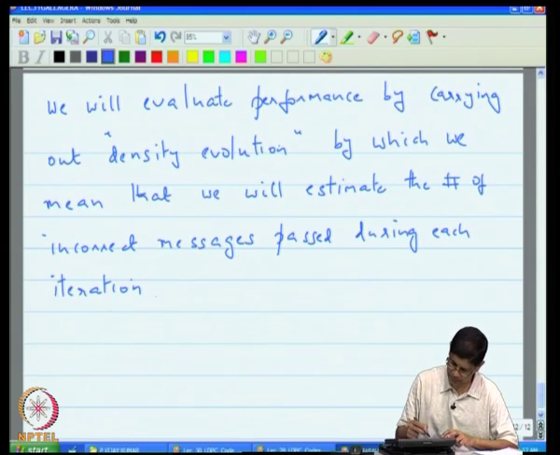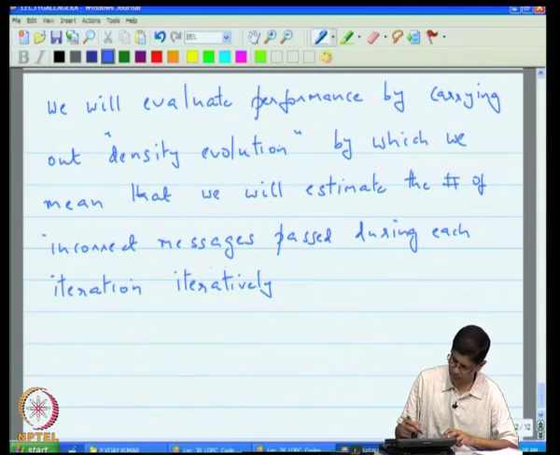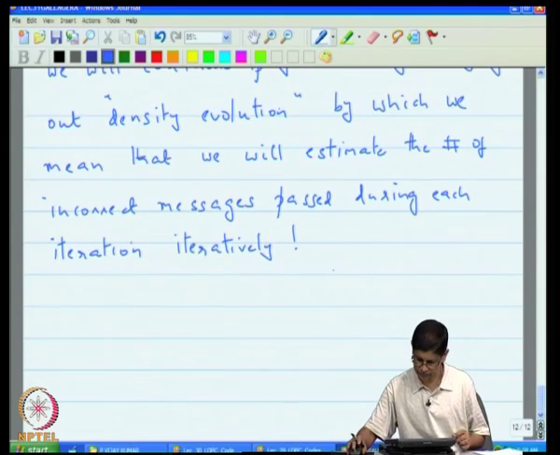And we will actually do this iteratively.